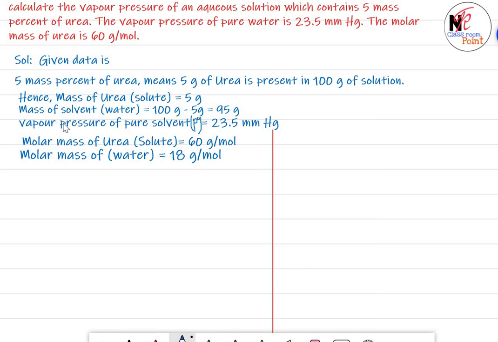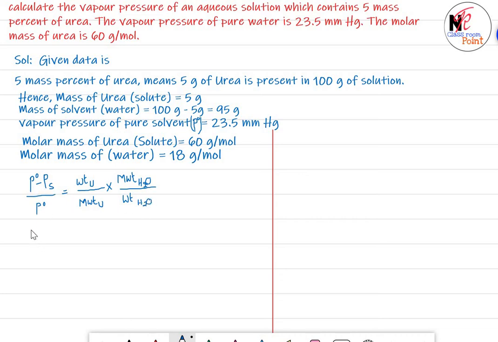Now, as per the relative lowering of vapor pressure, or Raoult's law, we can write the formula as (P naught minus PS) divided by P naught is equal to the weight of the solute, urea here, which I will take as U, divided by the molecular weight of the solute U, into the molecular mass of the solvent, water, divided by the weight of the solvent, that is H2O.